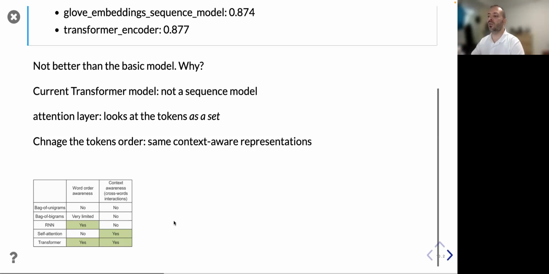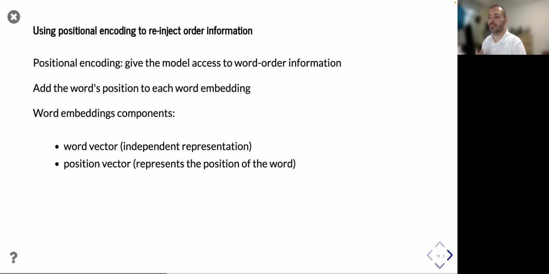So how can we inject this information regarding the position of the word? The positional encoding gives the model access to the order of the words in the sequence, and it adds the word's position to each word embedding.